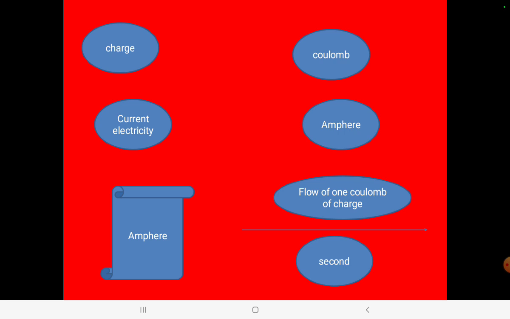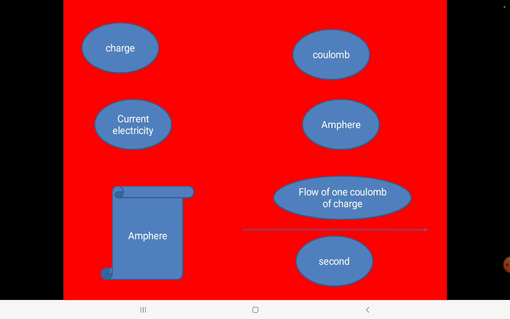The unit of current I is ampere, and the unit of charge is coulomb.